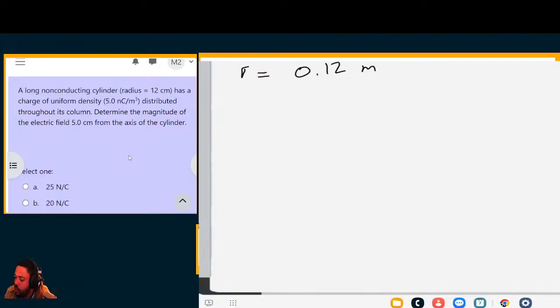Then we have 5 nanocoulomb, that is the charge distribution. In this case, it is rho, the volume charge distribution. It is 5.0 times 10 to the negative 9 coulombs per cubic meter.